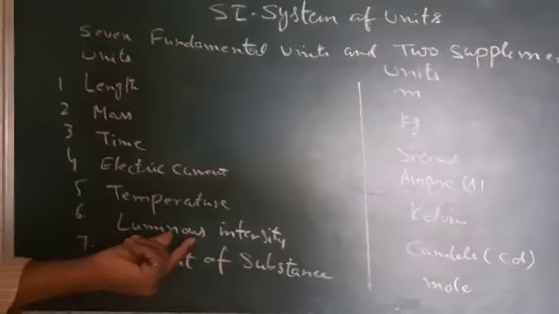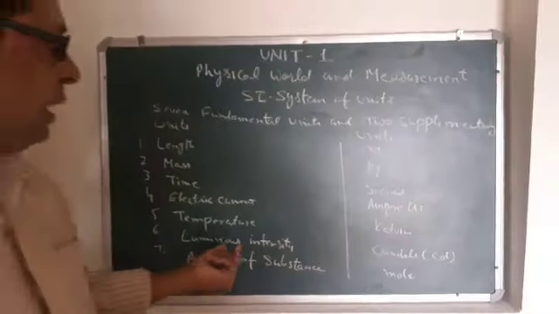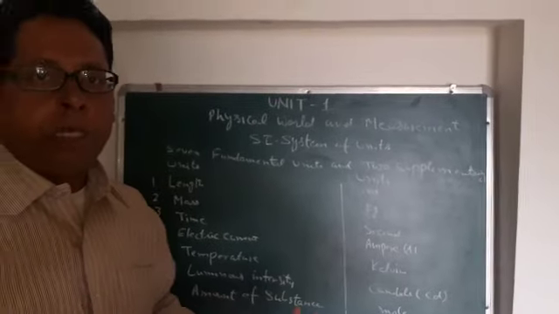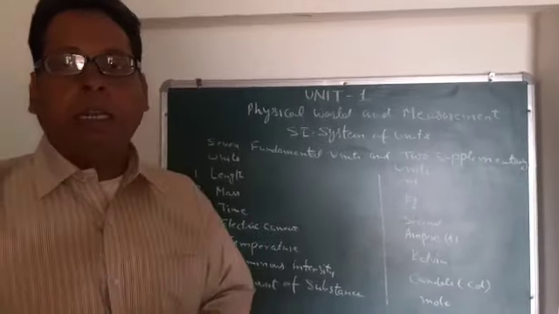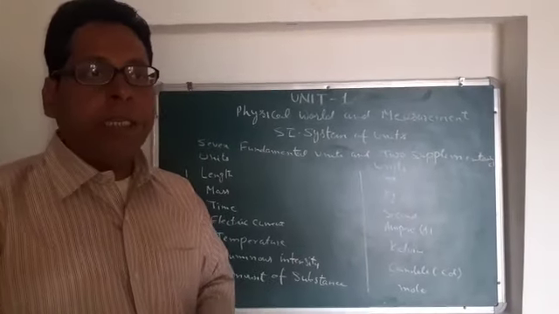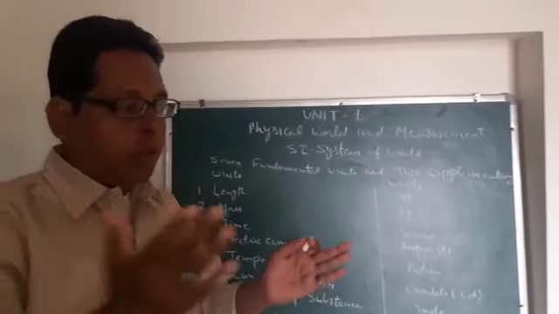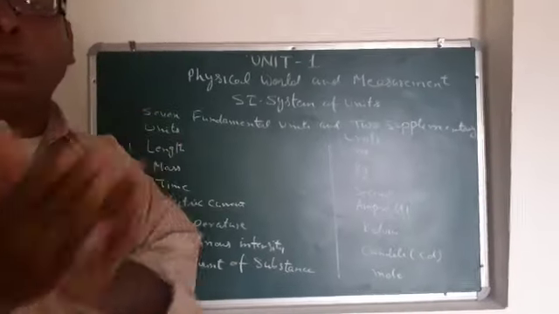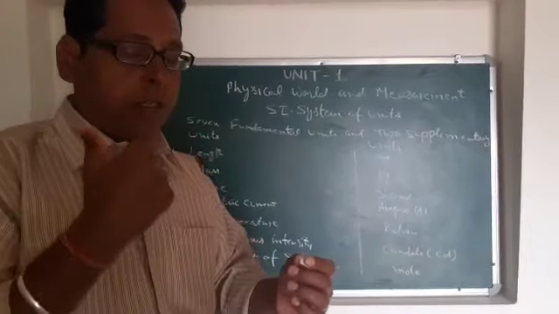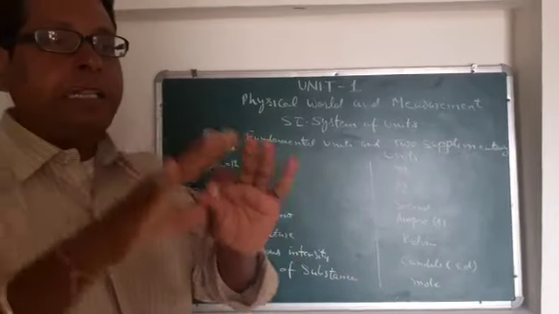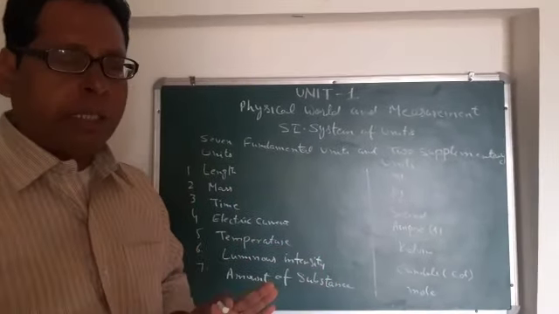Next is luminous intensity. I think this is a new term for you. Suppose a bulb or tube light is glowing. If we are near the tube light or bulb, we can see maximum light and easily read or write anything.